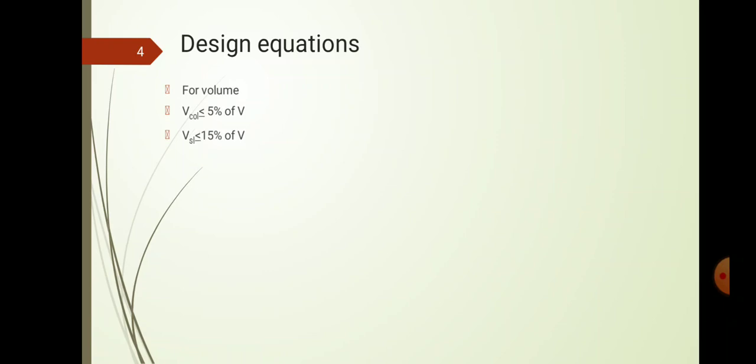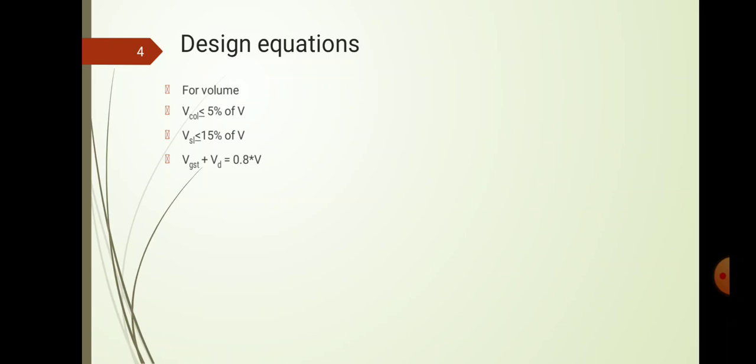Similarly, VSL, the sludge layer volume at the bottom, where we collect the sludge, should be less than or equal to 15% of V. Another important design equation: if you sum the gas storage volume and digestion volume, it should be 0.8 times V, or 80%.